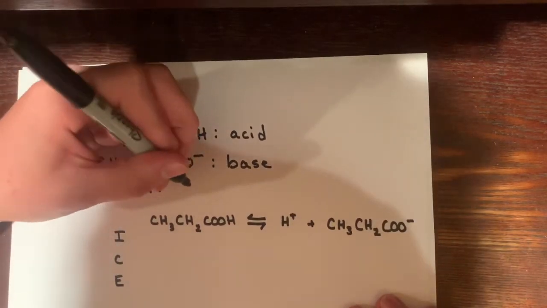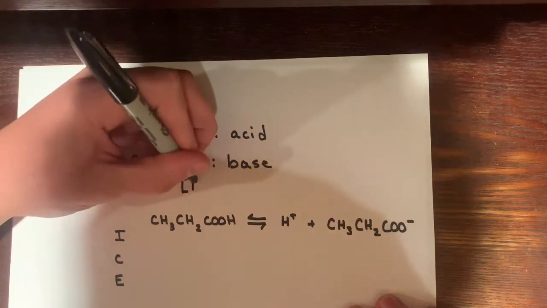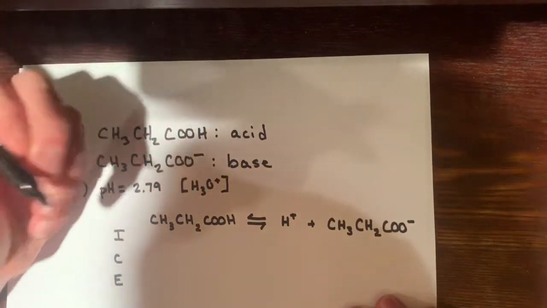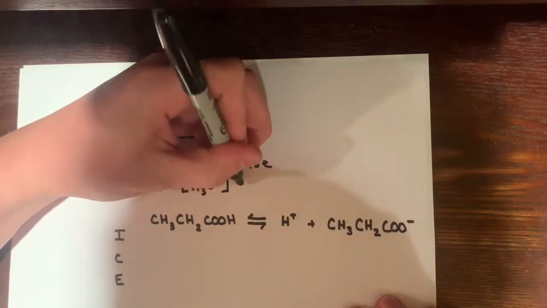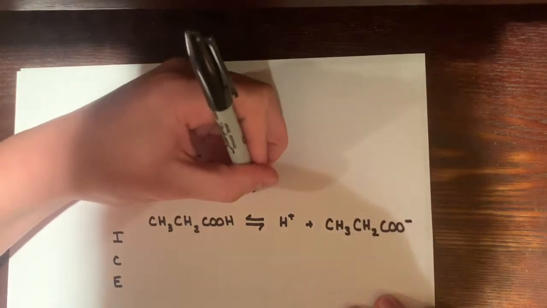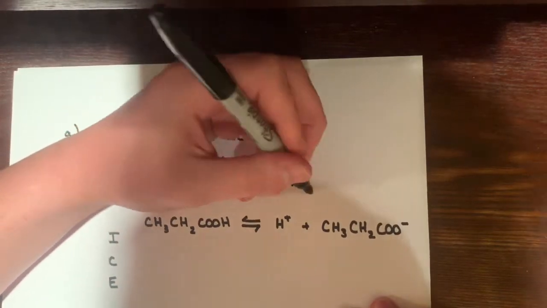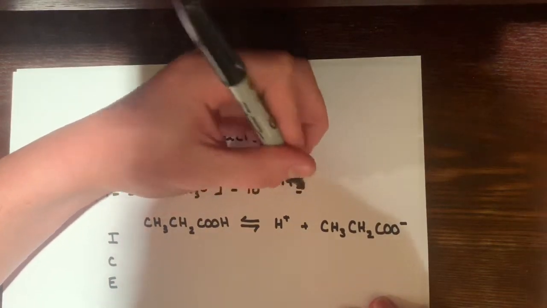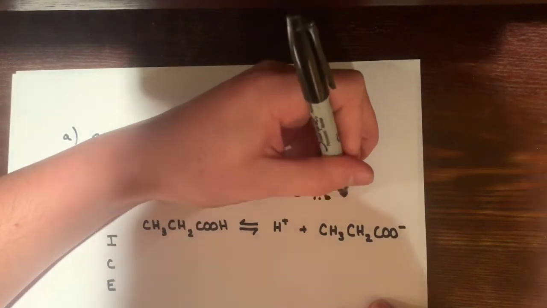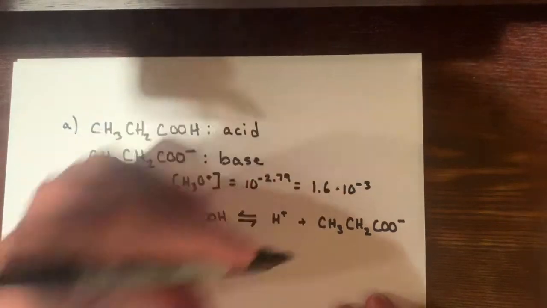What we do to find that is H3O plus or H plus is 10 to the negative 2.79, which is equal to 1.6 times 10 to the negative 3.